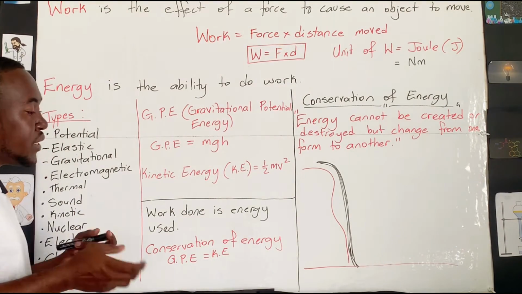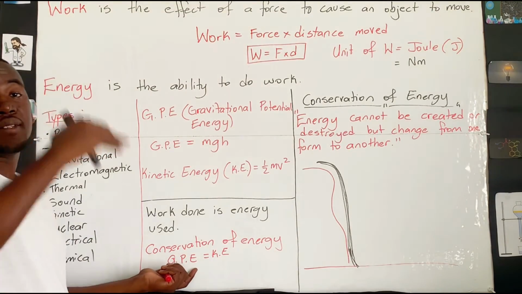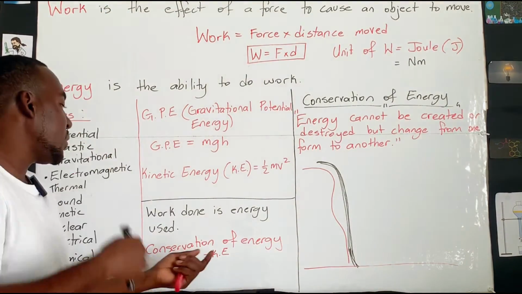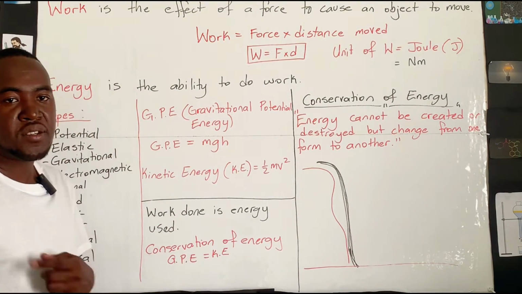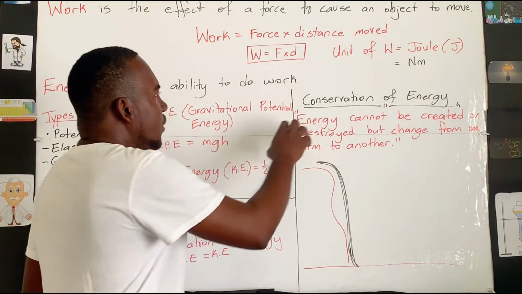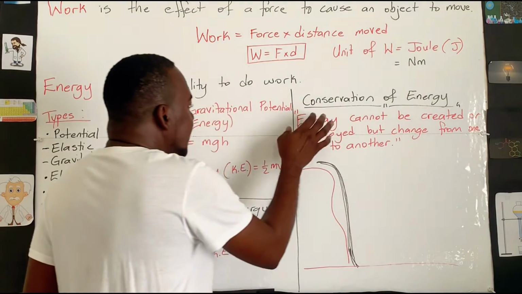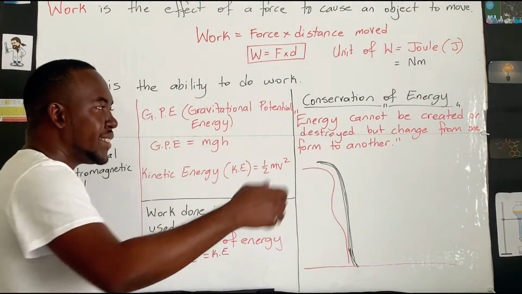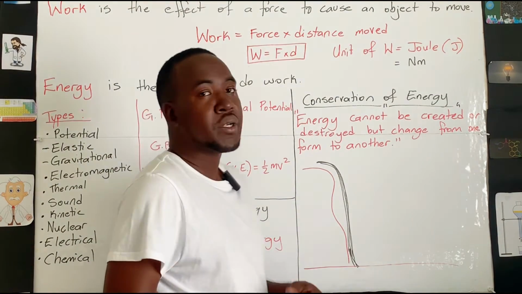Right? So in a no energy loss system, the potential energy that an object has at a specific point will equal the kinetic energy when that point is finished. And let's look at an example over here. Now, we call this the conservation of energy law, which tells us that energy cannot be created or destroyed, but it's changed from one form to another.